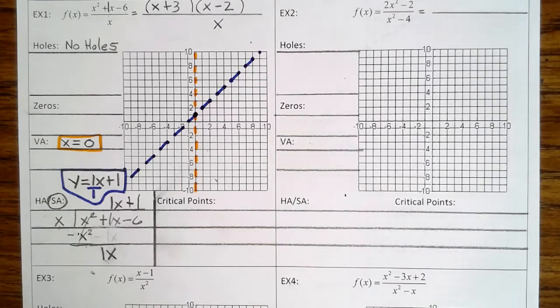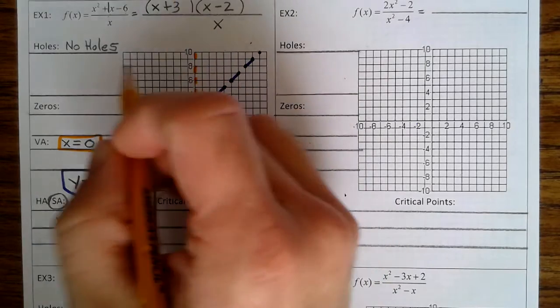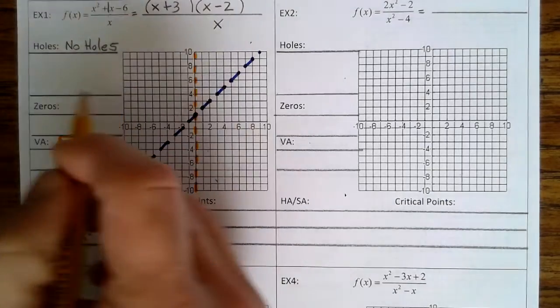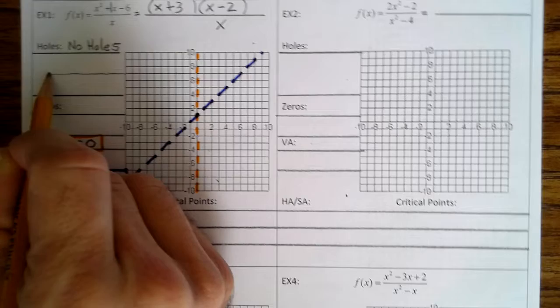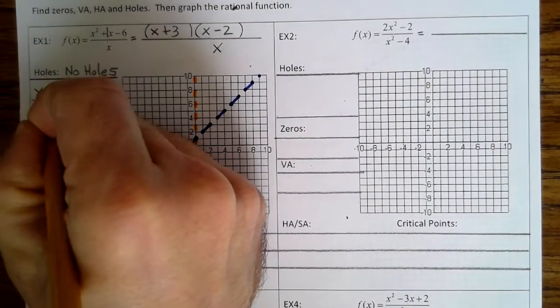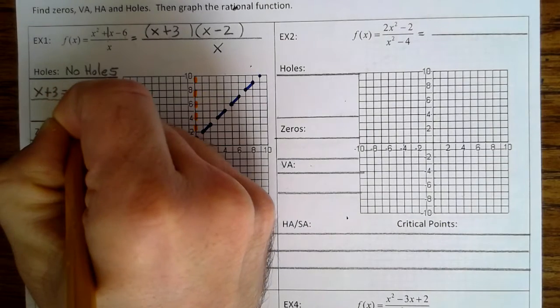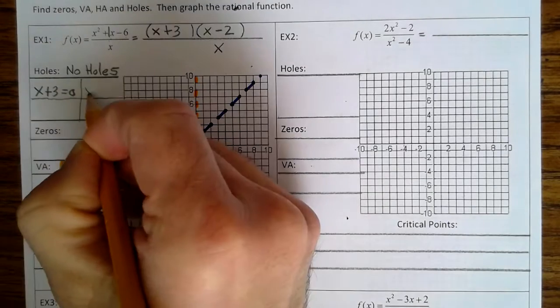Now, the next step is to find the x-intercepts, or zeros. We call x-intercepts zeros. So to find that, you set the numerator equal to 0. So I'm actually going to use space from here to find that. So x plus 3 equals 0, and x minus 2 equals 0.